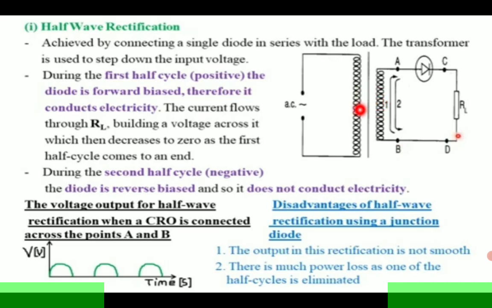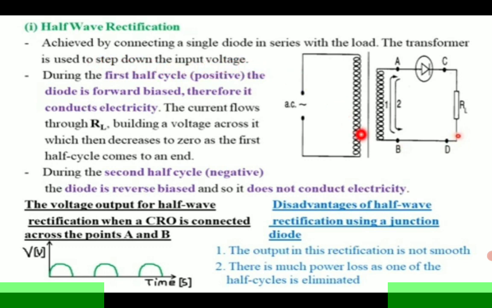We have a primary coil which has more windings, or more turns, than the secondary coil, and an alternating current is supplied into the primary coil, because remember we are using a step-down transformer.